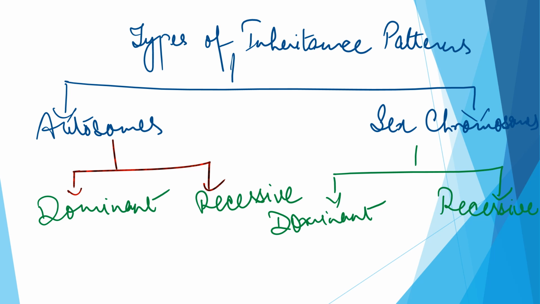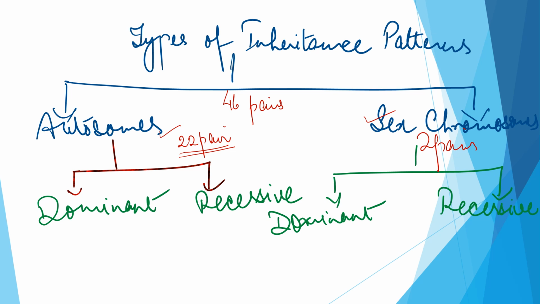Now, when we move to types of inheritance patterns, we see that we have autosomes and sex chromosomes in our body. So we have a total of 46 chromosomes, that is 23 pairs, of which 22 pairs are autosomes and 1 pair is sex chromosomes. Of these 22 pairs, if there is any defective gene on any one chromosome, then only we will get autosomal disorders.